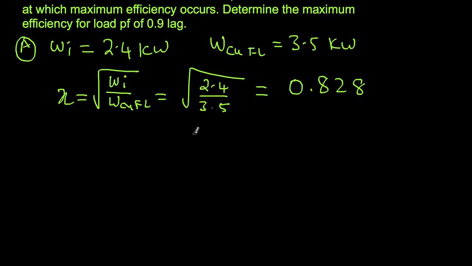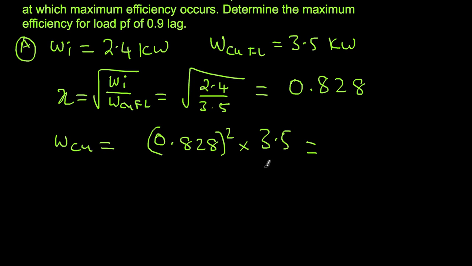Let's calculate that maximum efficiency also. At this fraction, what is going to be the copper loss? Copper loss at this fraction will be 0.828 square multiplied by the full load copper loss 3.5. Any idea what this value will be? This will be exactly 2.4 kilowatts.